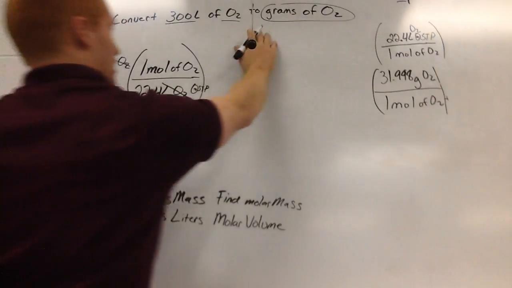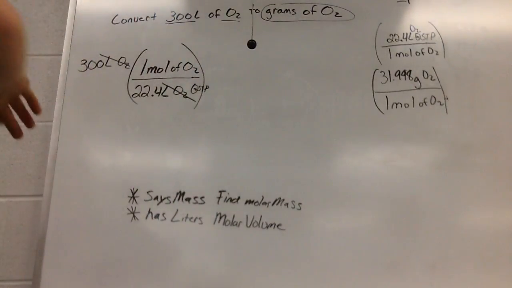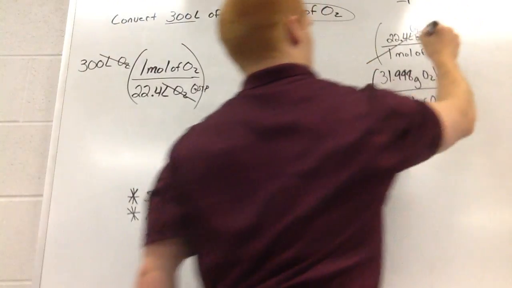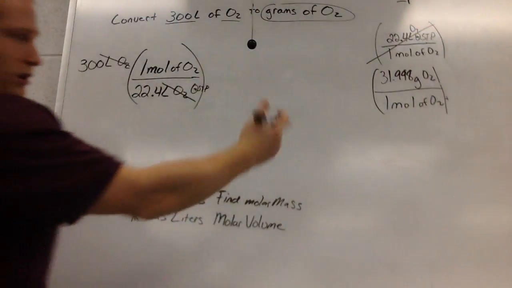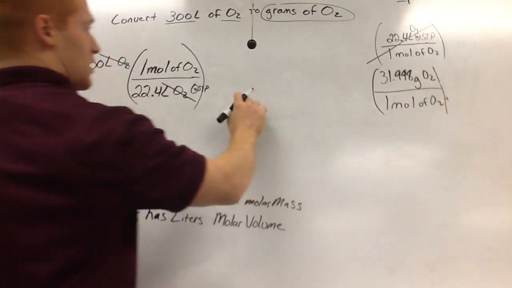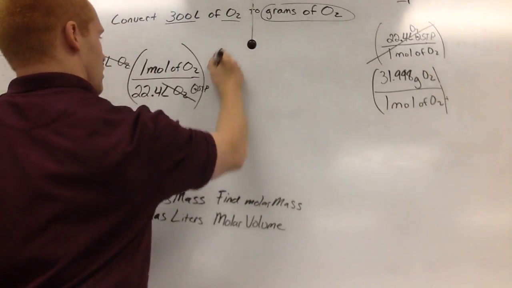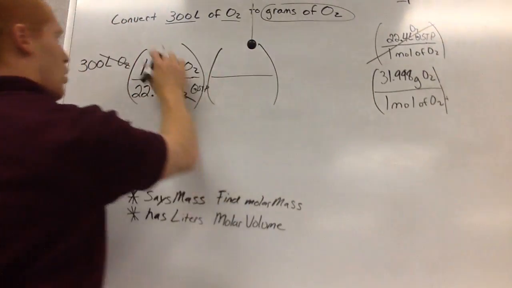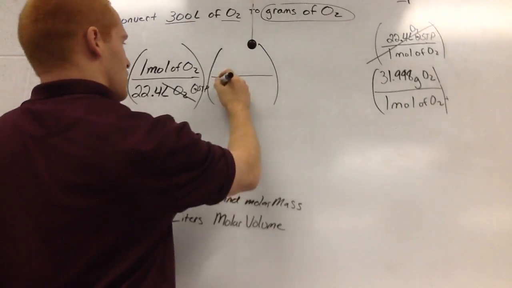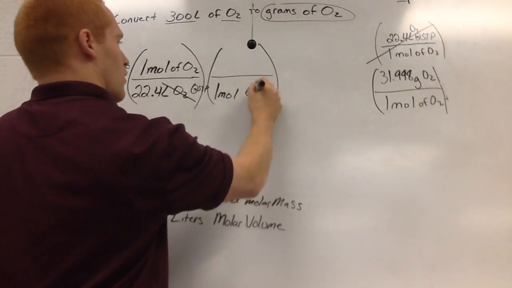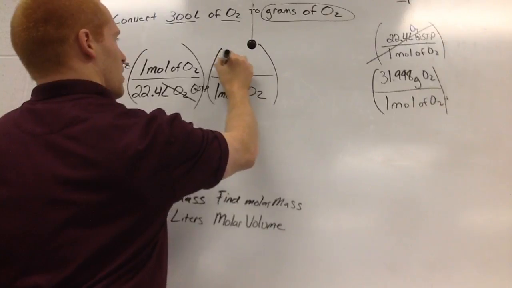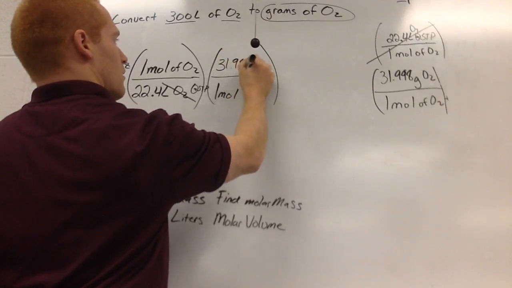Notice our unknown is mass, so we need to get rid of our moles. We got rid of this one, so I'm going to cross it out. I'm going to go to our only other option, which has moles of O2 in it. So perfect. Moles on top, moles goes on bottom, so I'm going to put 1 mole of O2 on bottom, and I'm going to put mass on top.